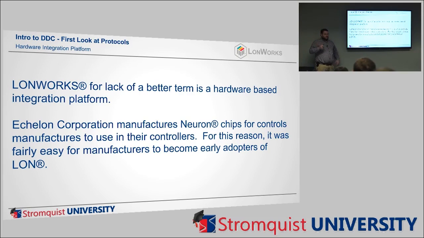But the good is that if one company is making all the chips, the devices are going to be able to talk to each other. So you have very little problems with communications between LON devices because it's all got the same chip inside. Yeah, COM5 in Trane speak is LON.